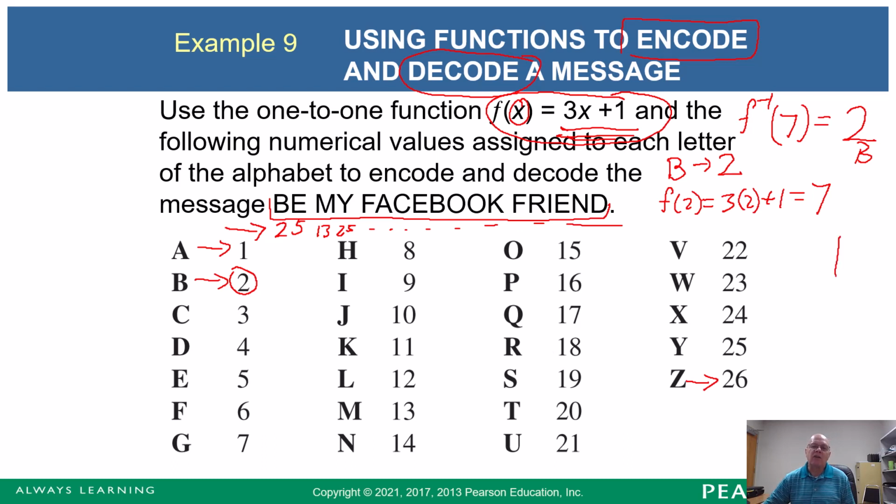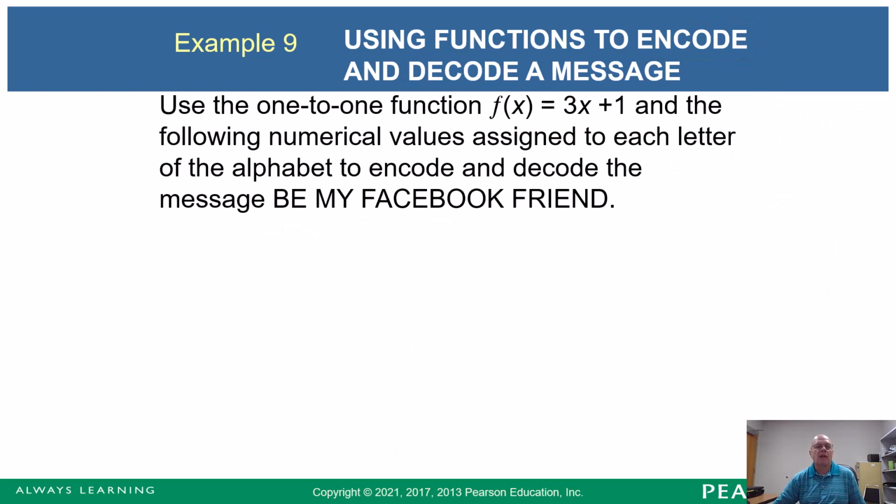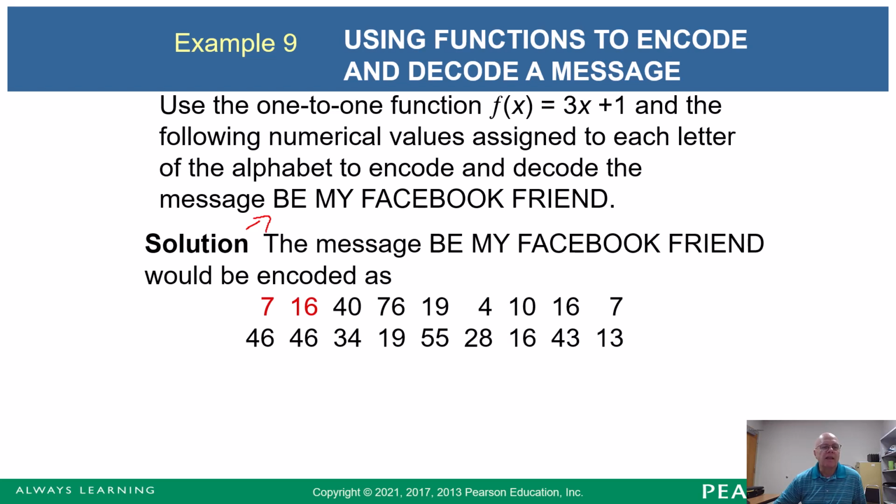People in between won't know what it is, but your friend will say, oh yes, of course, I'll be your Facebook friend. So take each one of these, code them. There's 7 for the B, 16 is what the E becomes, 40 is what the M becomes, and so on through.